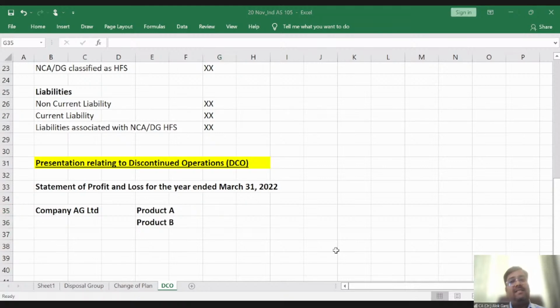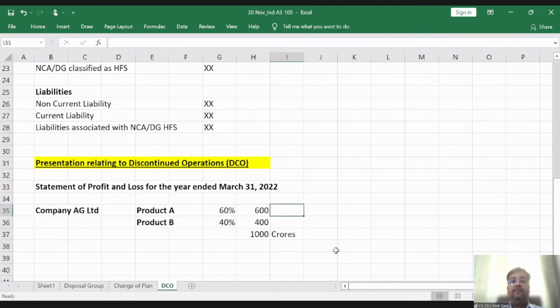The total sale is, let's say, 1,000 crores, and product A contributes 60% of the entire revenue and product B contributes 40%. It means 600 crore belongs to product A, 400 crore belongs to product B, and the total is 1,000 crores.